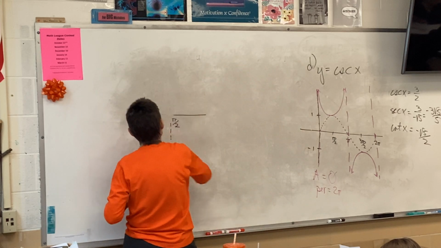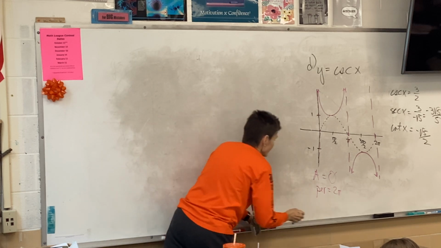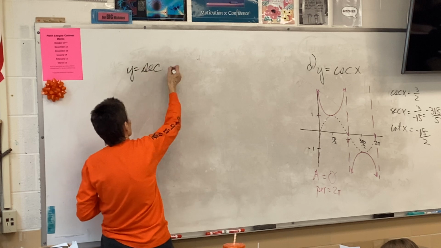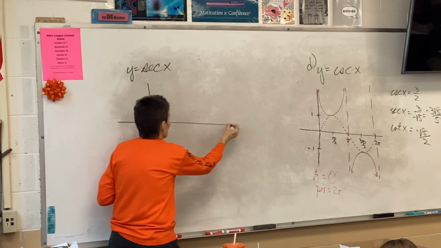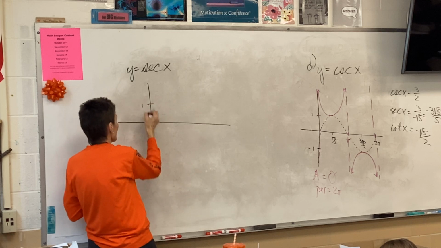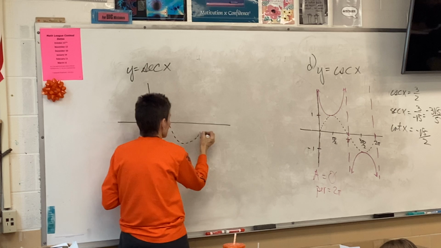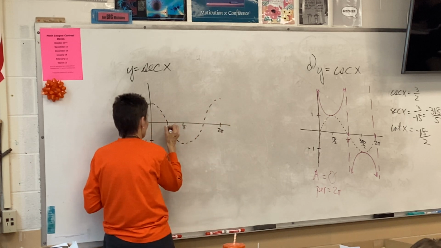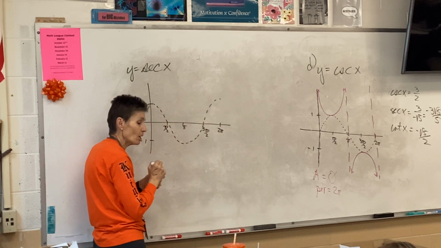All right, last one is secant. And you can probably guess why I think this one is a little harder. The cosine curve is strange. There's my cosine curve.